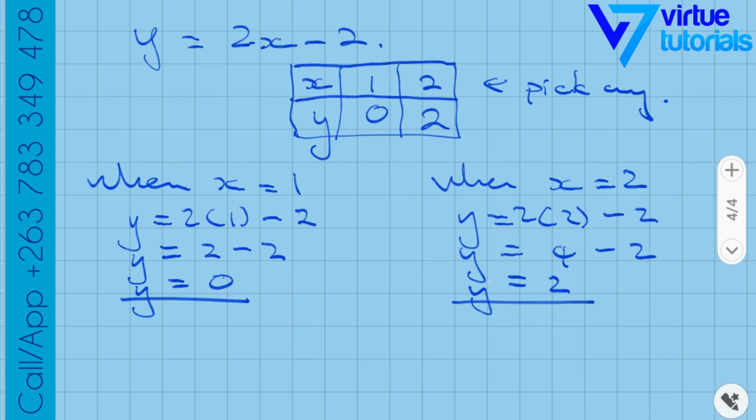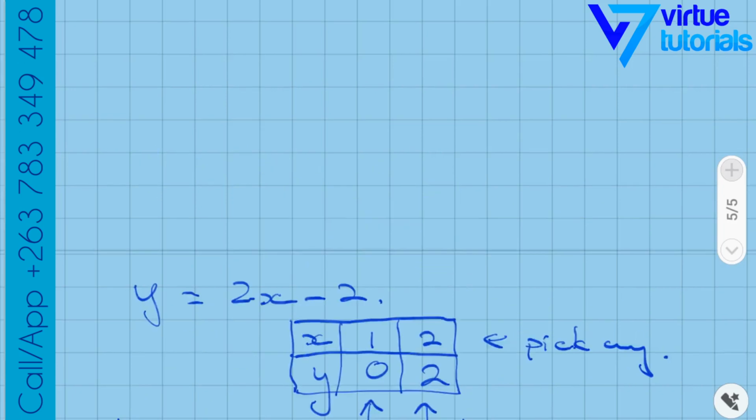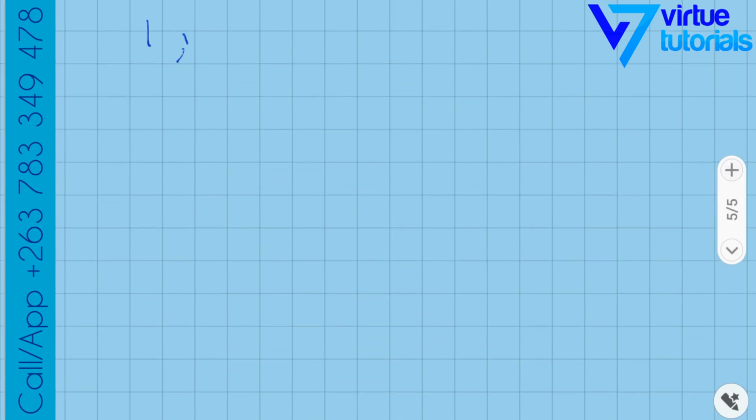So our table is complete and we now have 2 points. The first point is an x value of 1, a y value of 0. Second point is an x value of 2, a y value of 2. So we have 1, 0 and 2, 2. So from there, you can proceed to draw your y-axis straight line with the ruler.